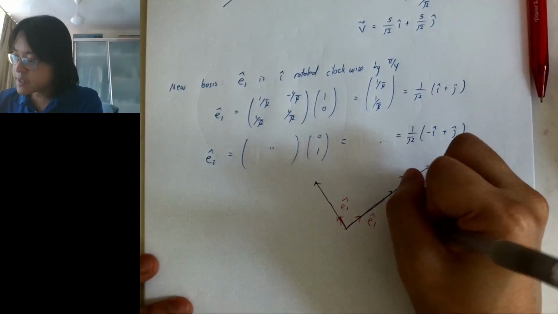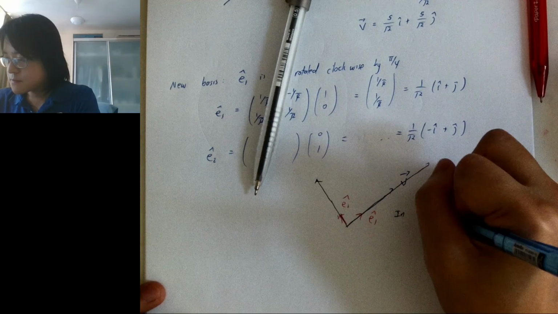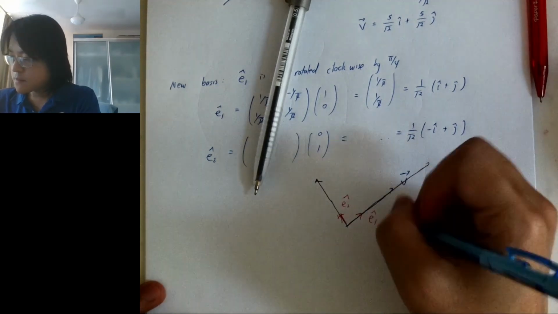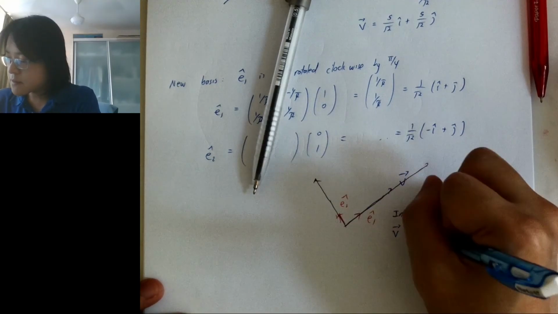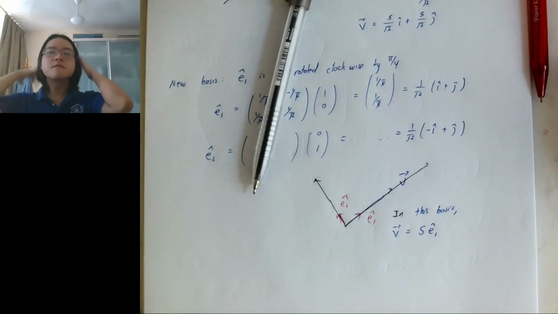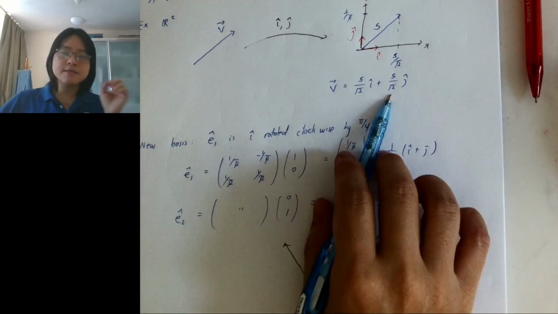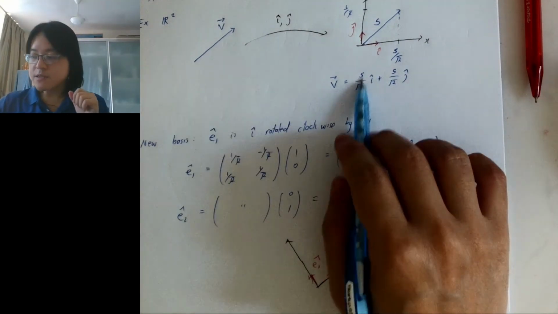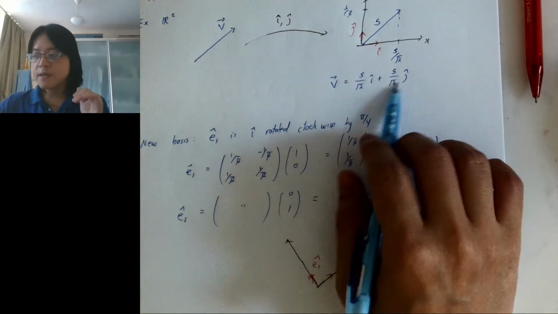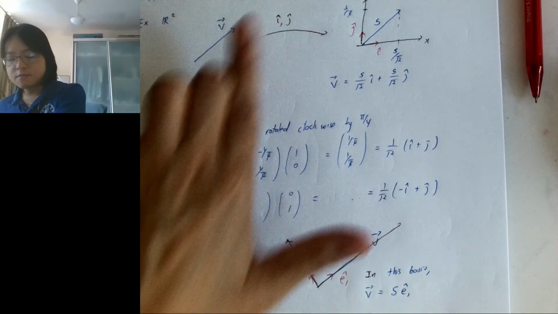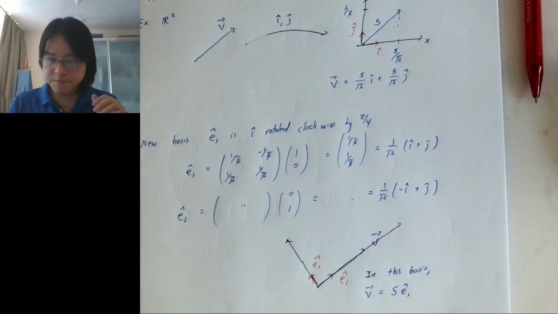So now in this basis, my v is just 5 e1. Just looking at the components is one of the things where we must be careful, right? Just looking at the components is actually not enough. You must remember that this number depends on your choice of axis. You guys have kind of indirectly done this before in mechanics.